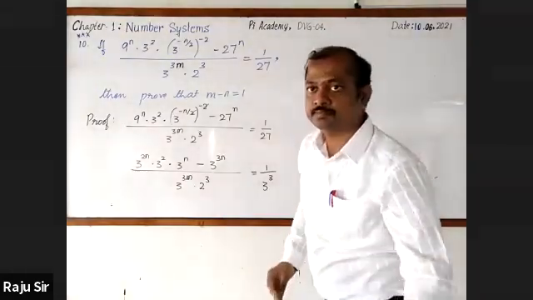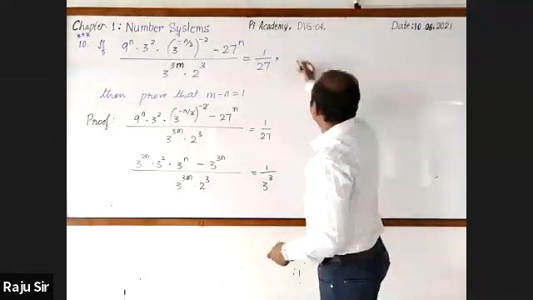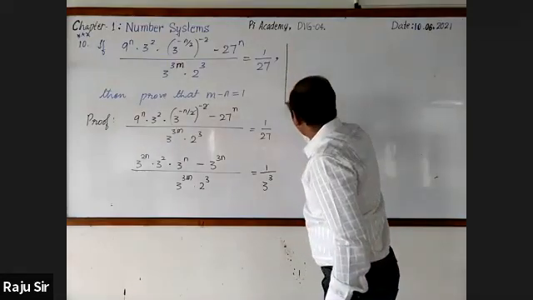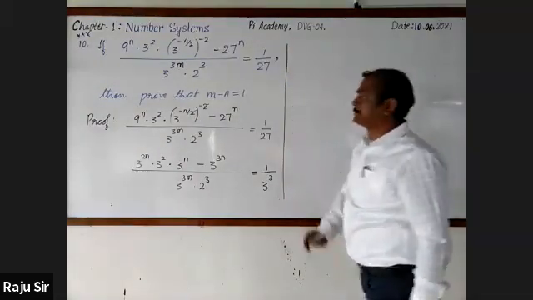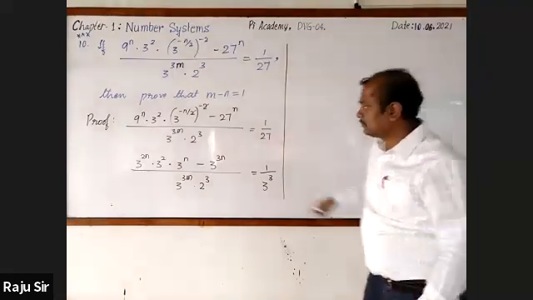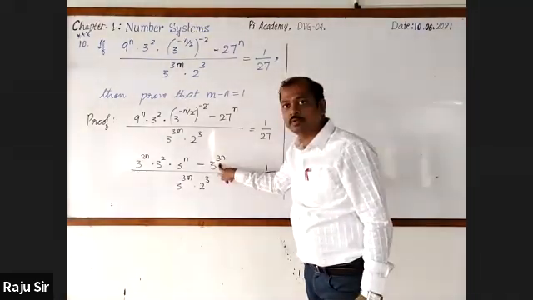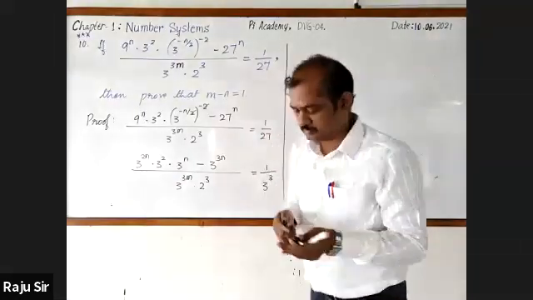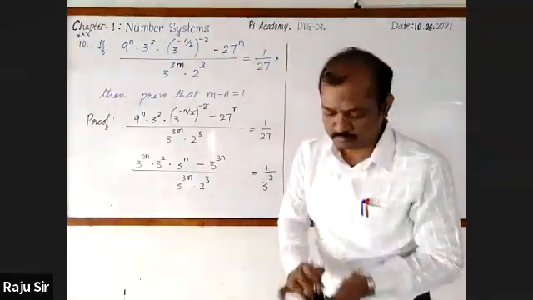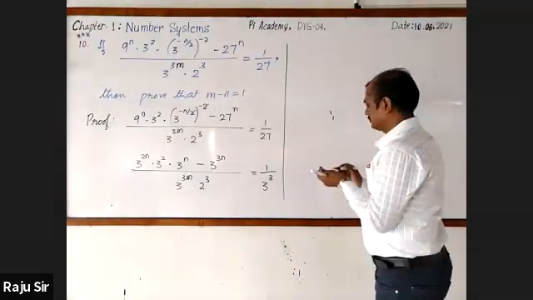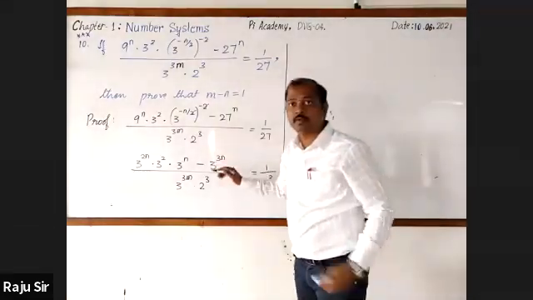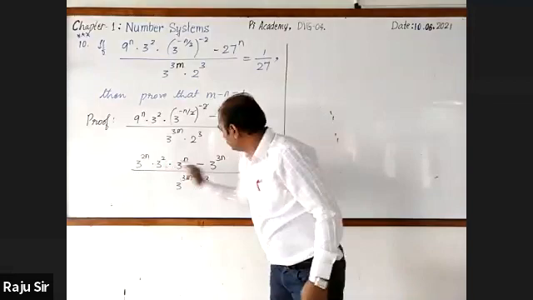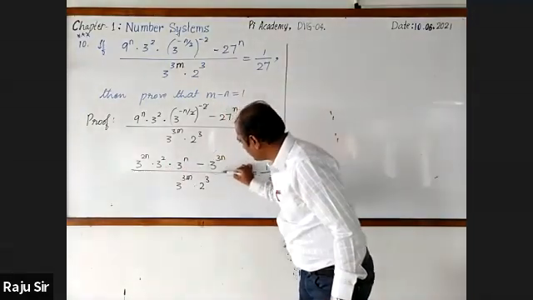Next, observe. Look at the book. Observe. Here, 3 raised to the power 3n is there.